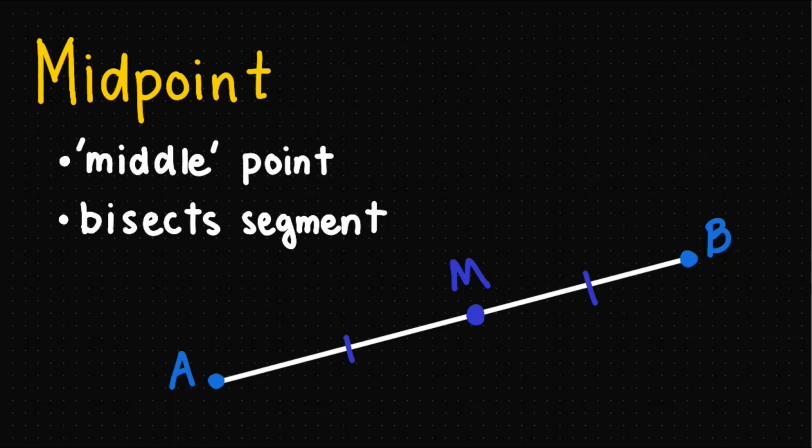So given this, we're going back to the Cartesian plane and try to figure out how we can determine the midpoint if we have 2 points in the Cartesian plane.